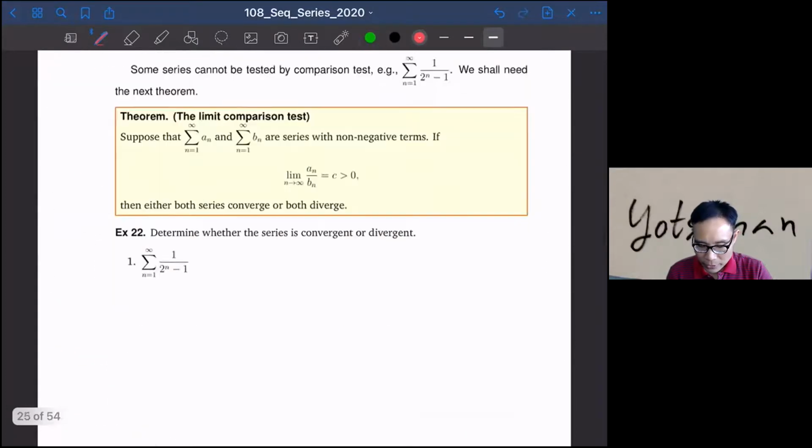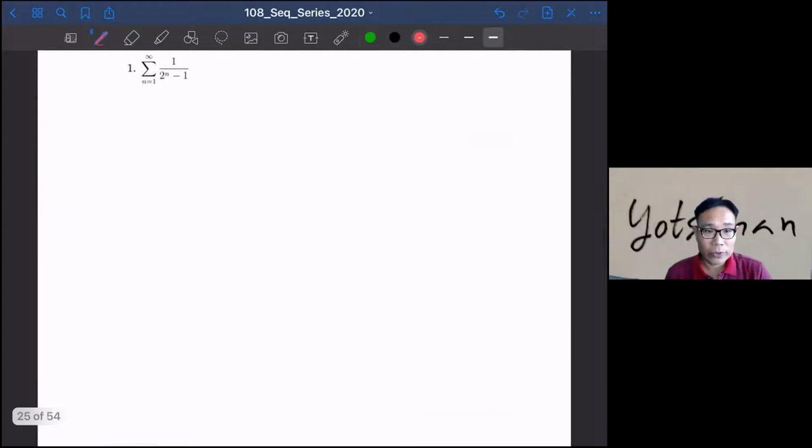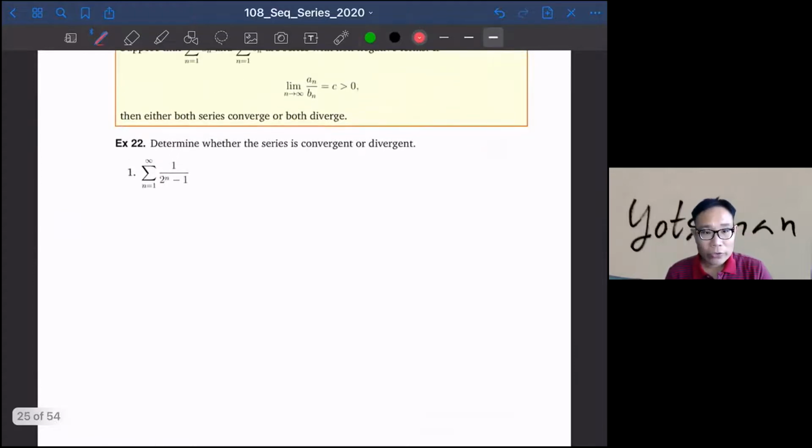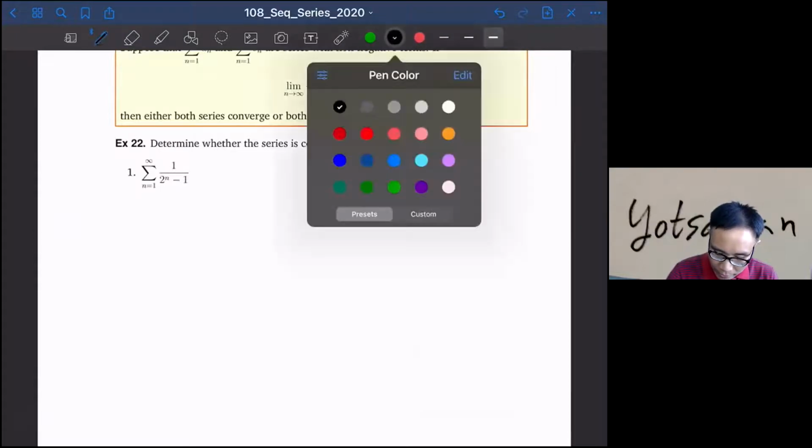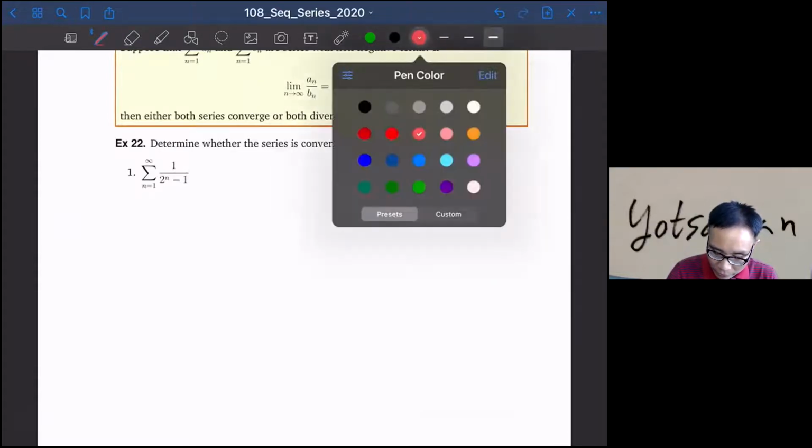However, if you look at example 22 here, it turns out to be 2 to the n minus 1. So for this one, it is 2 to the n minus 1.